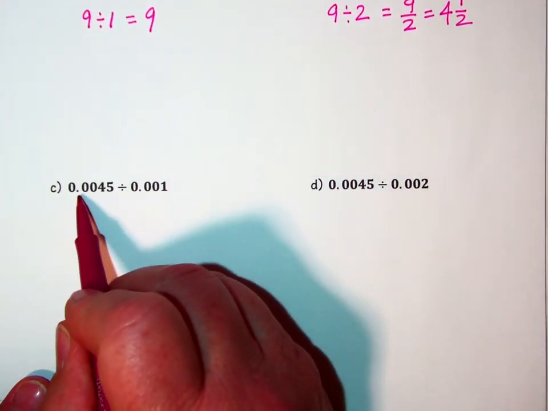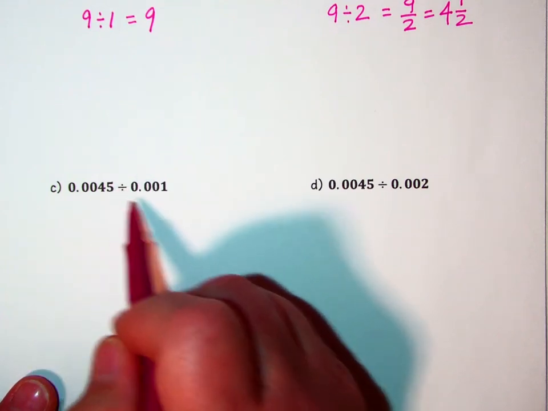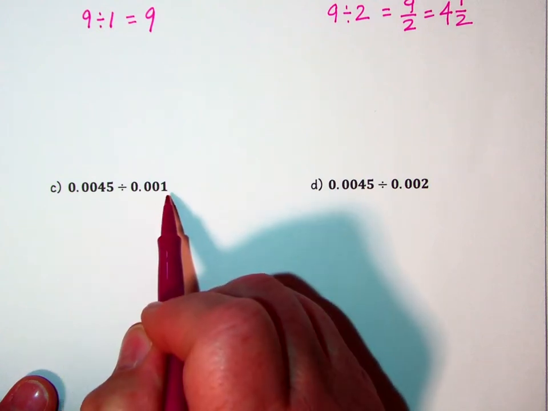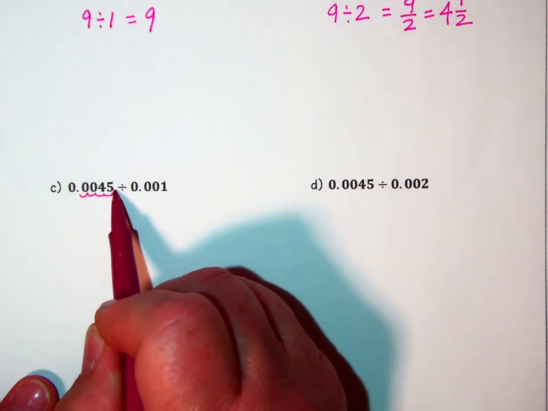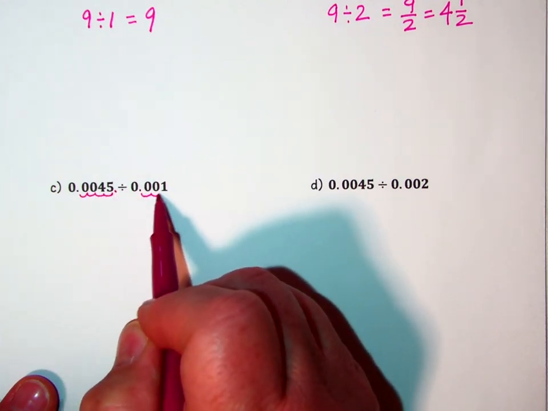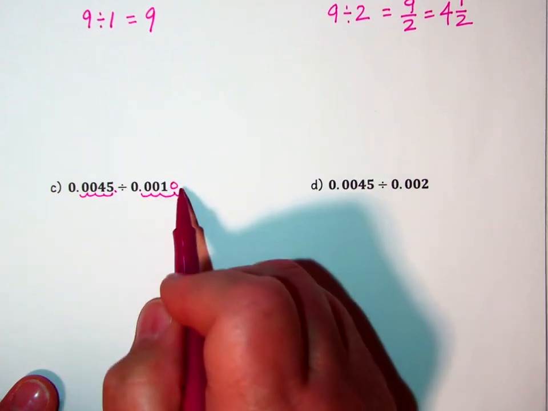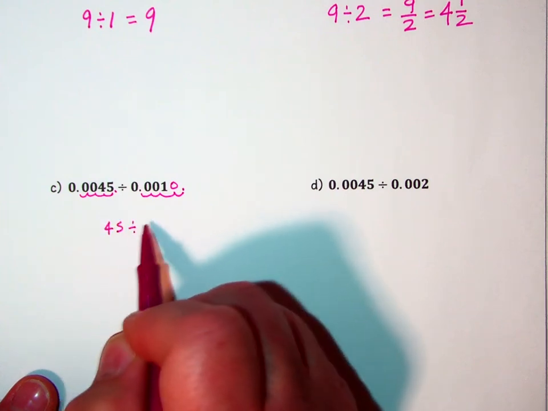Now in problem C, I've got 4 decimal places in my dividend and 3 in the divisor. But I want to completely get rid of the decimal point, so I'm going to move it over 4 spaces. So I have 45, and I'm going to move it over 4 spaces here, which means I've got a 0 there. So now my problem becomes 45 divided by 10.